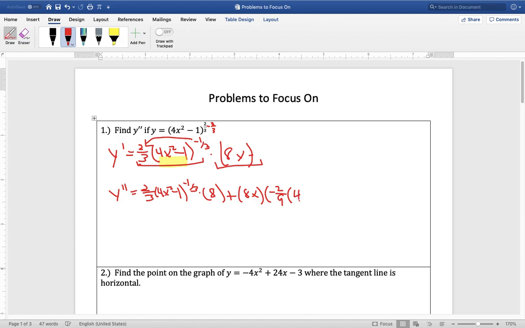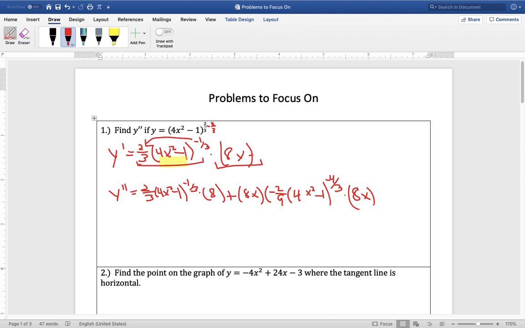Leave the inside alone again, 4x squared minus 1. Then we have to subtract 1 from negative 1/3, so we're taking 3/3 away from negative 1/3. That leaves us with negative 4/3. And then we still have to multiply by the derivative of the inside again, which is another 8x. Let me fix that. And there you go. That would be the final answer.